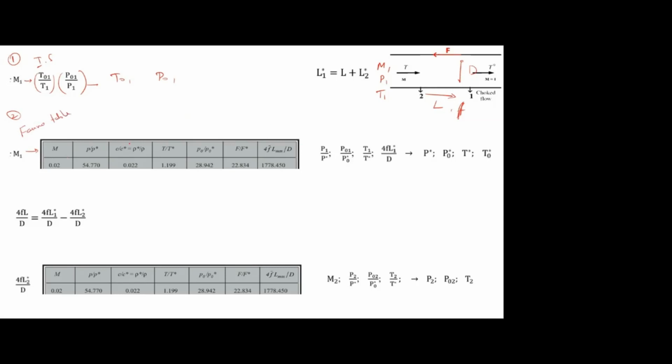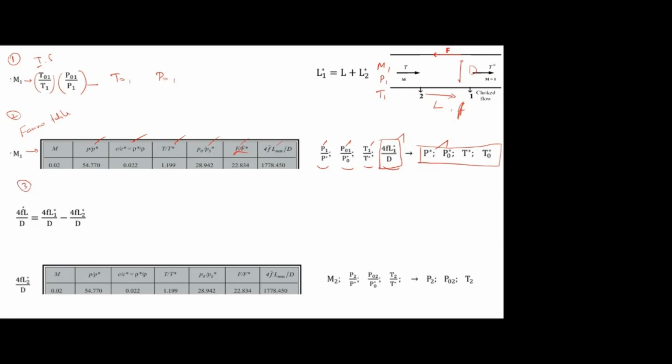Using that you can find all these static to sonic relations: P1 by P star, P01 by P0 star, T1 by T star, 4fL1 star by D. So we know P1, P01, T1, T01, everything, and using that I can find all the sonic properties. This is the second step.